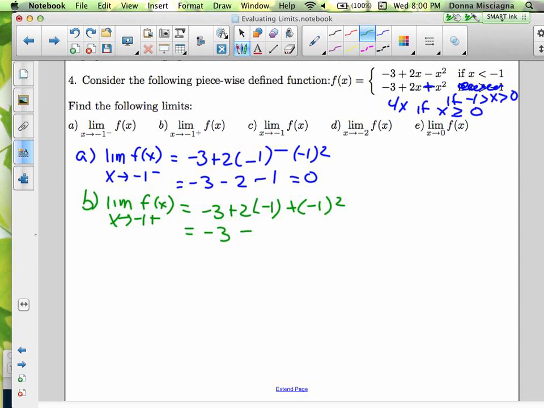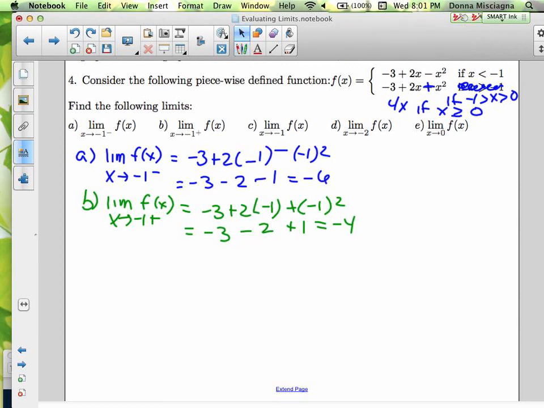I guess if I've written it correctly, we should have had one that was equal. There's a whole lot that does not exist, but that's OK. Negative 3 minus 2, and then plus 1. Negative 3 minus 2 minus 1 is a negative 6.